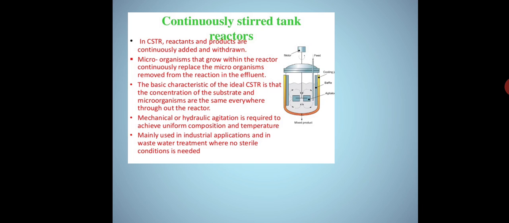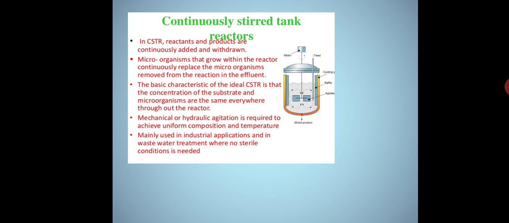CSTR is also called the steady state reactor. The reason behind this is that there is steady formation of the product: however much nutrient or reactant is added, that much product is formed. Here steady state is achieved, so the name steady state reactor.